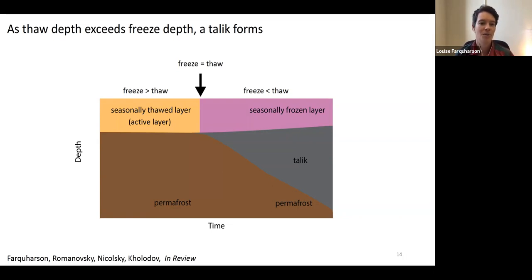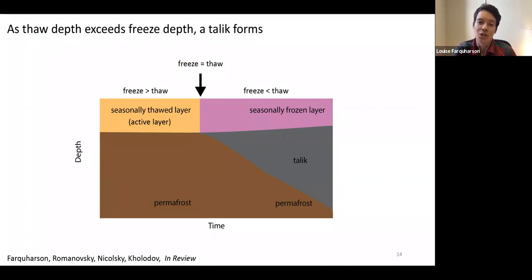So the summer thaw is completely refrozen because winter freeze depth meets or exceeds the depth of summer thaw, and we have permafrost underneath the active layer. Then we have a threshold where our winter freeze and summer thaw are equal. As we cross this threshold and we have warmer summers and warmer winters, our freeze no longer meets the depth of summer thaw, and then we have talik initiation.